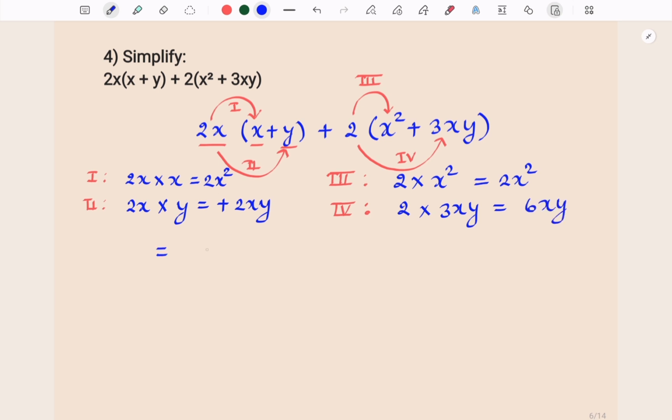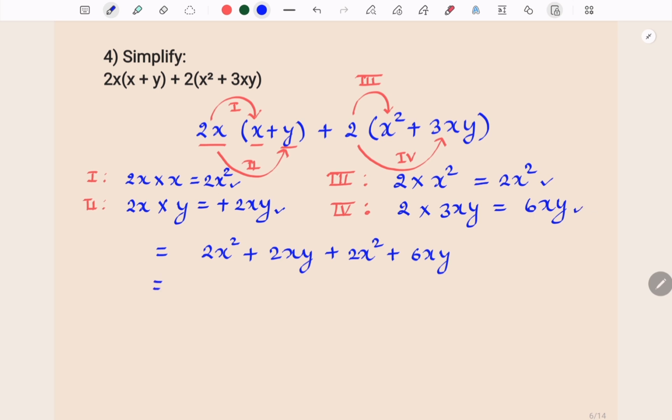Now the next step would be to write down all these terms with their proper signs. So I will write 2x squared from here, then plus 2xy from here, then plus 2x squared from here, and plus 6xy from here.